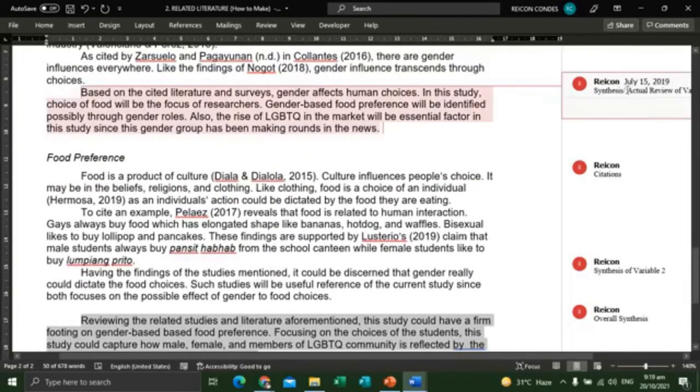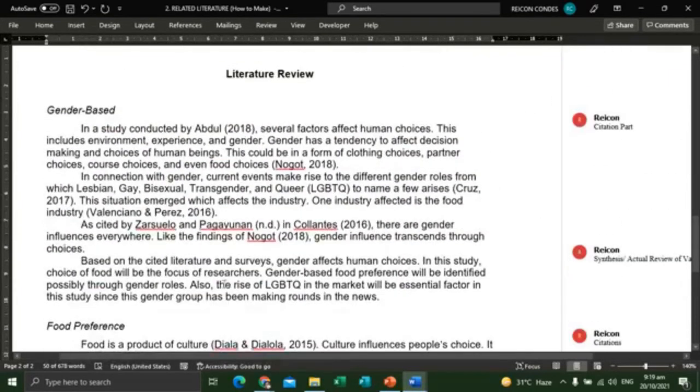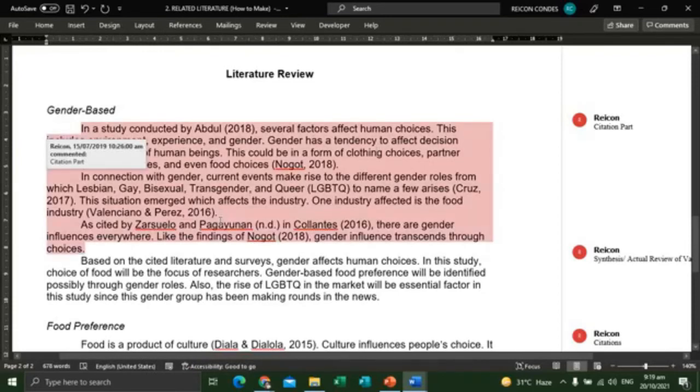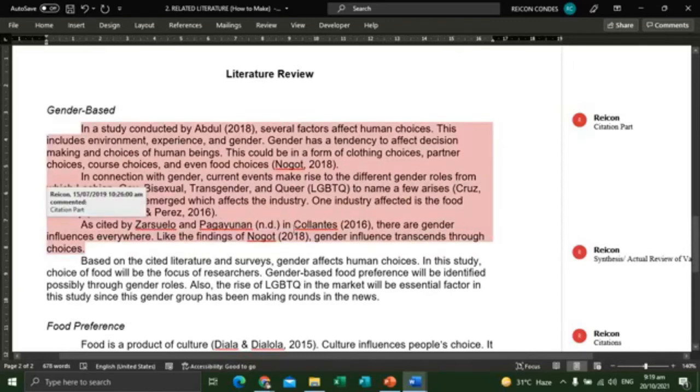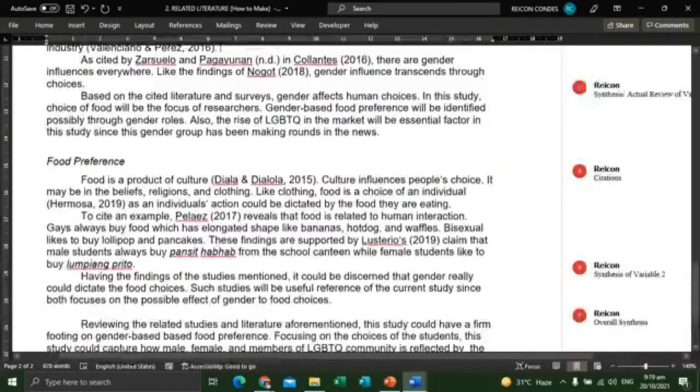Kung hindi match, maaaring hinula nyo lang yung inyong synthesis. And pagkatingin ko dito sa synthesis for each segment, titingnan ko kung tunay ba yung sinasabi dito sa kanilang citation part. That's when the critical approach will happen. Yung critical approach na nagkaroon din tayo, like formalism, feminism, Marxism, and so on.